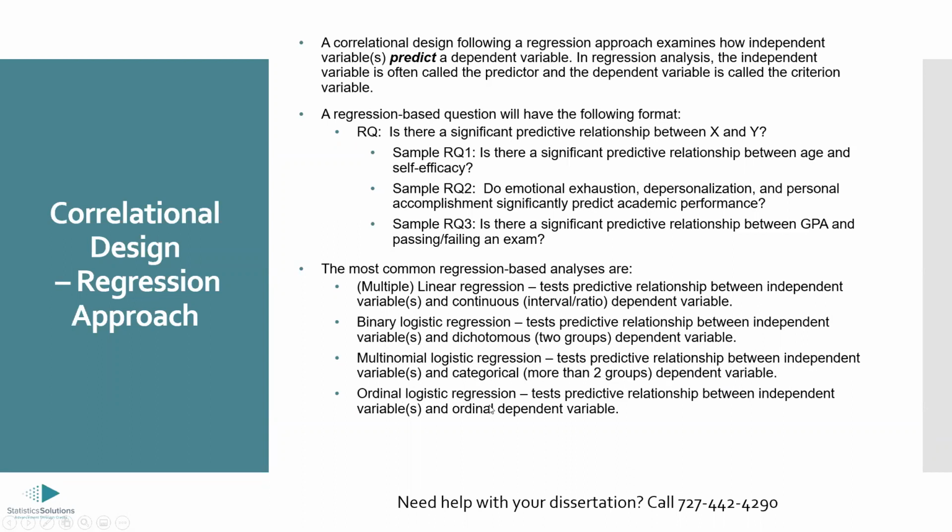And an ordinal logistic regression is used when your outcome variable is ordinal. So if your outcome is a Likert scale question, strongly agree down to strongly disagree, then you can use an ordinal logistic regression. Also, something like education level could be used as the outcome.